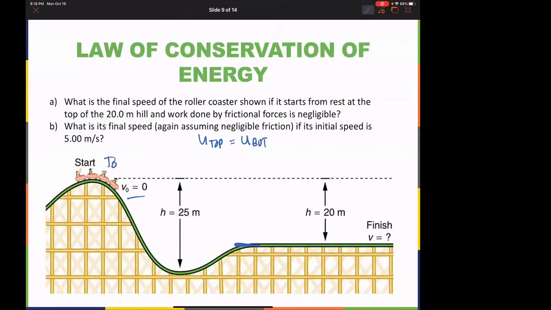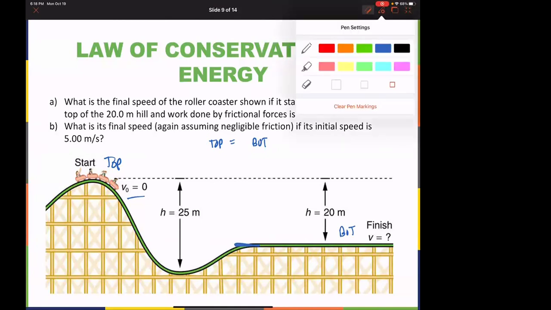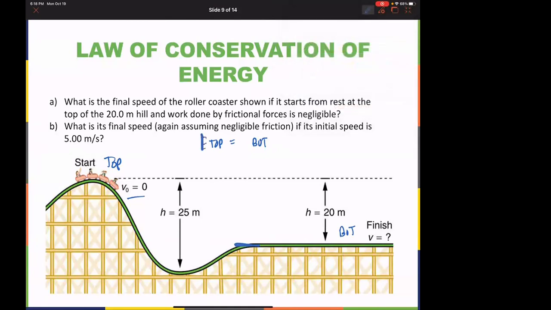So this is the top or the start, and then this would be the bottom, the finish. Oh my goodness, guys, I mean E at the top. The total energy at the top equals the total energy at the bottom. Sorry, it's Monday. So U at the top plus K at the top equals U at the bottom plus K at the bottom.